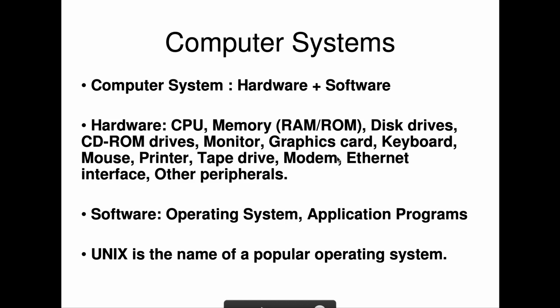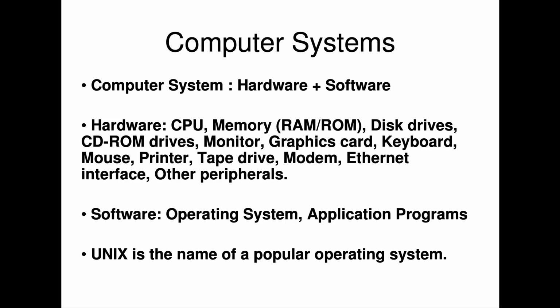Before we talk about operating system, let's talk about computer, the thing that runs the operating system. So for the computer system, it will have two main parts, the hardware and the software. Roughly speaking, hardware is anything that you can touch.